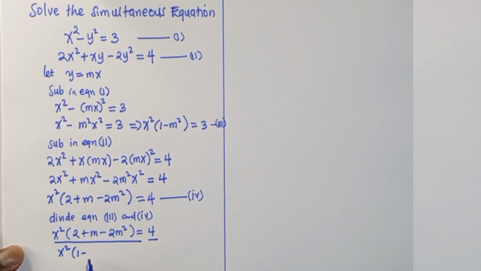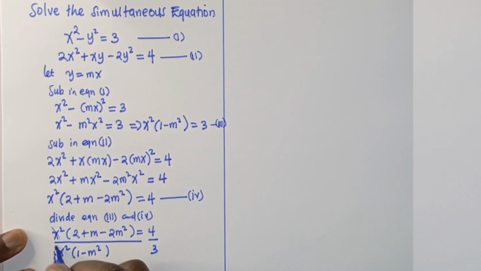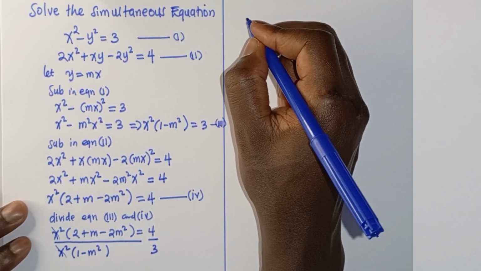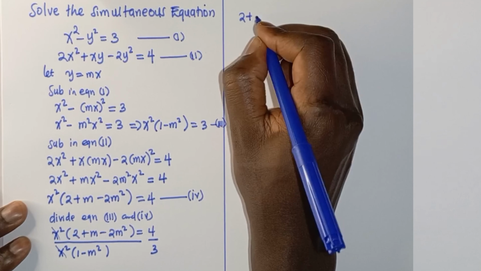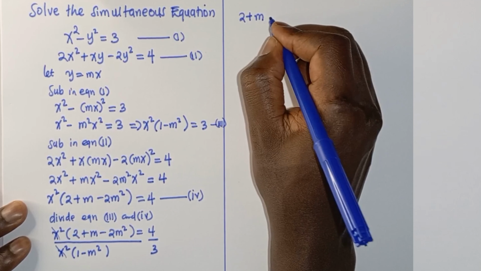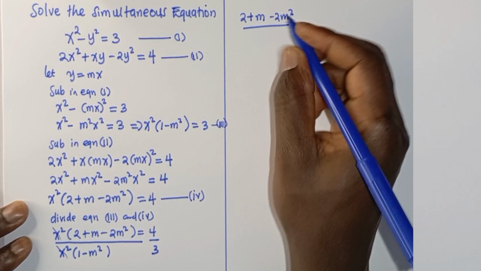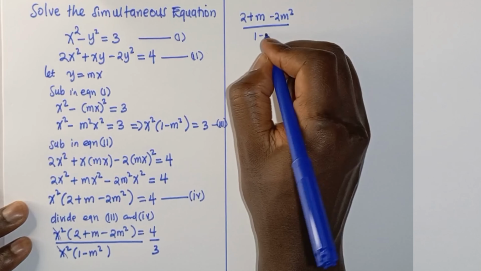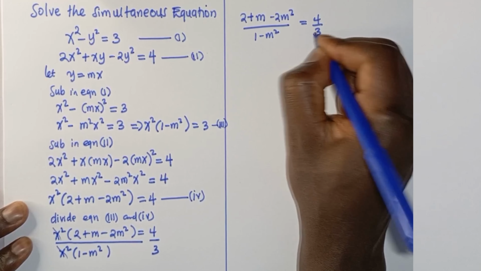x square into 1 minus m square, over 3. Now the x squares go. So we shall have 2 plus m minus 2m square out of 1 minus m square is equal to 4 out of 3.